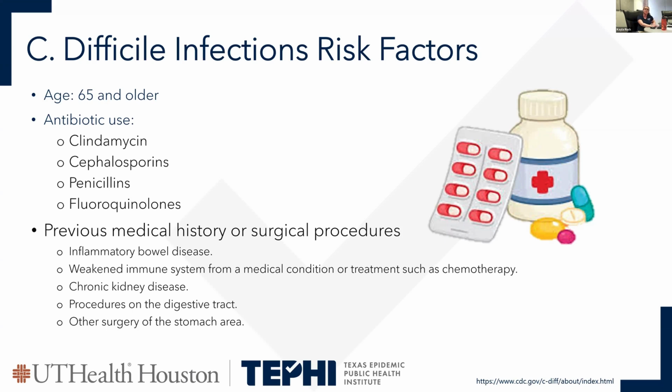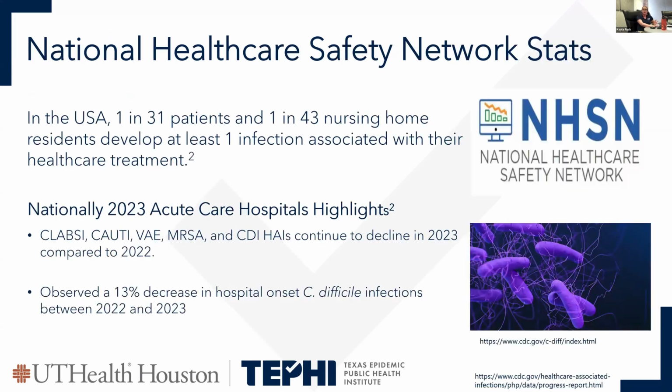off that area. And just like with any other healthcare acquired infections, or HAIs, in the US about 1 in every 31 patients in hospital settings, that could be our long-term care hospitals or acute care hospitals, and then 1 in every 43 individuals that live in a nursing home will develop at least one infection associated with their healthcare environment.